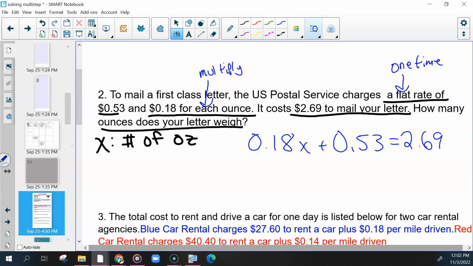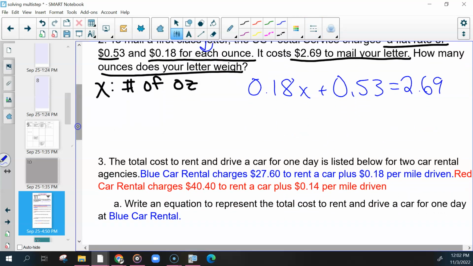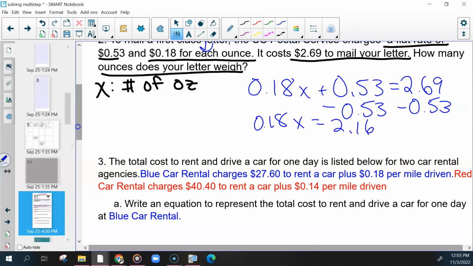So you'll have to define your variable, set up your equation. After you do that, solve the equation, and then get your answer. So what would be our first step? Subtract the 0.53. Be careful with your decimals, don't lose them, otherwise you're subtracting 53 instead of 0.53. It gets confusing. And then our next step.